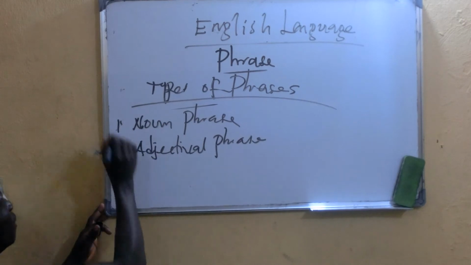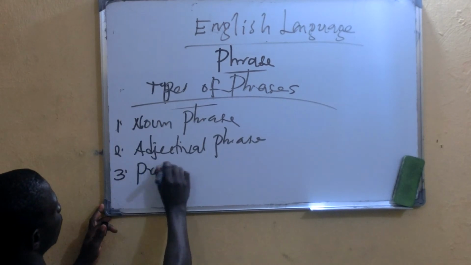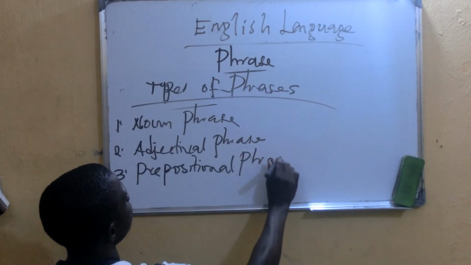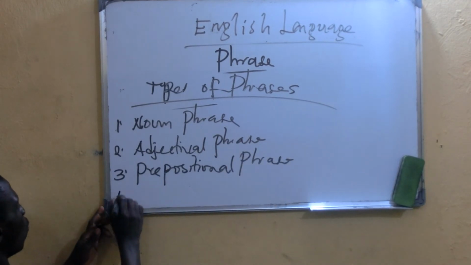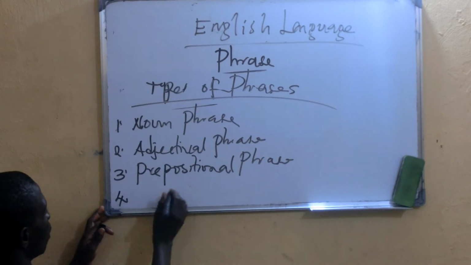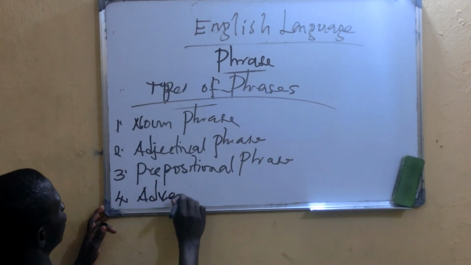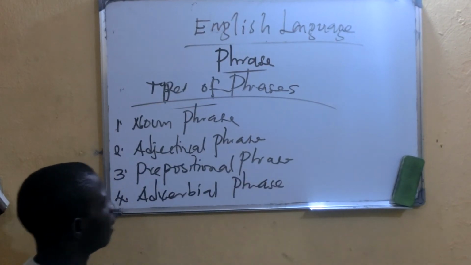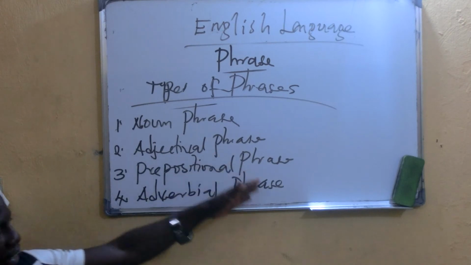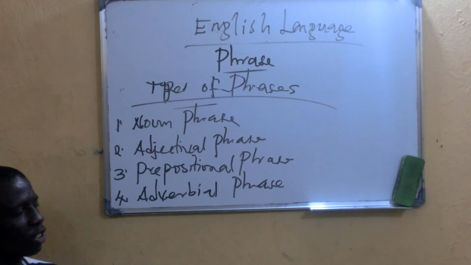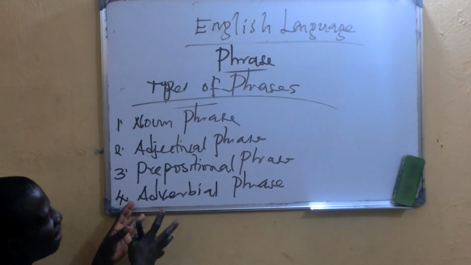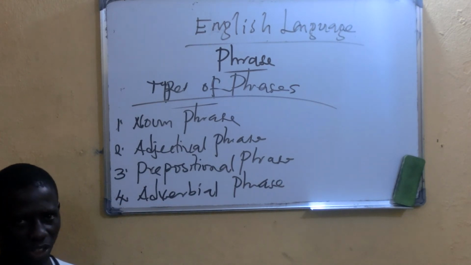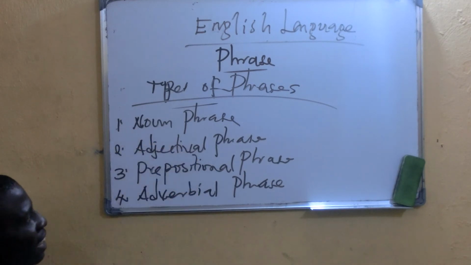And then thirdly, we have what we call prepositional phrase. And the fourth one, which is what we're talking about, is what we call adverbial phrase. So each of these phrases performs a grammatical function within the element of grammar or part of speech. So to begin, we'll be looking at noun phrase.